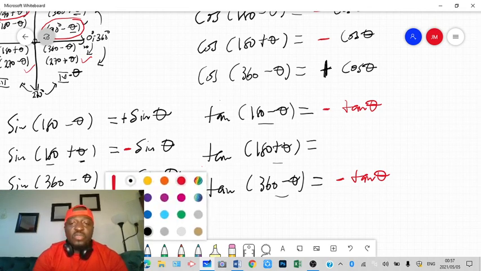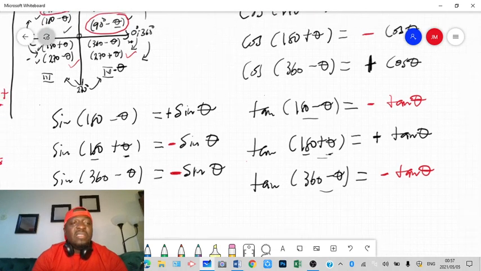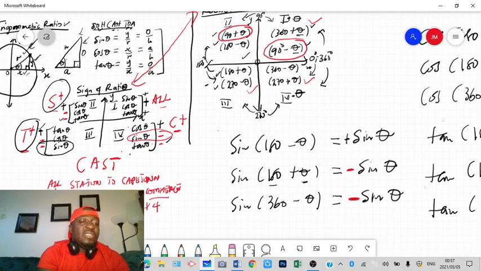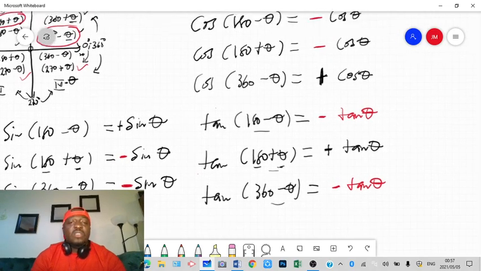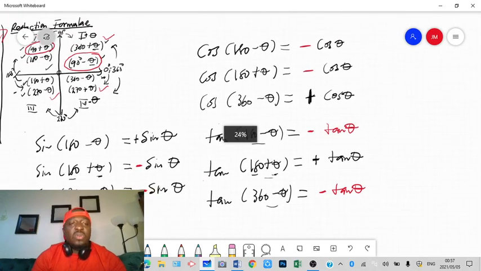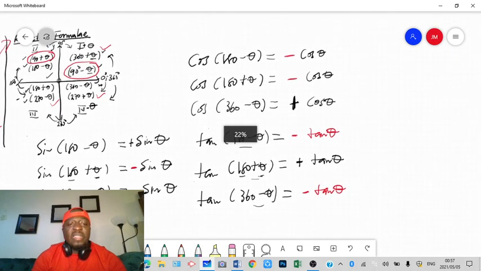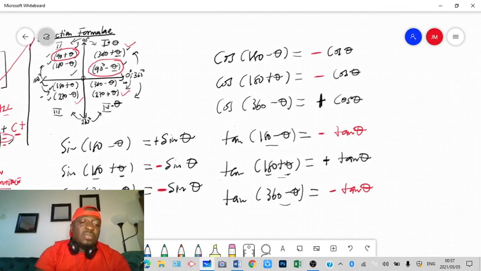But your 180 plus theta will be plus tan theta. 180 plus theta is in the third quadrant, and tan, which is your t, is positive in that quadrant. So these are your reduction formulas and their simplification. Remember, I circled these two and I said I would deal with them separately.